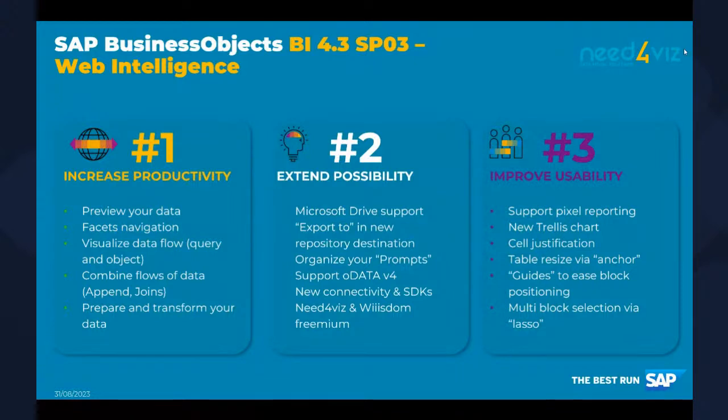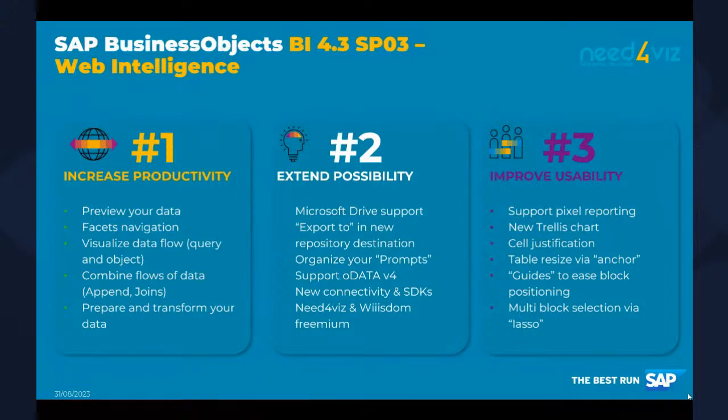Objective number 2 was to extend the possibilities by introducing the support of new types of drive. For example, we support as part of Service Pack 3 not only Microsoft OneDrive but also Google Drive. So if you are using this kind of drive, you can store and use the information, but also export information into this kind of drive. And we introduced the support of OData.